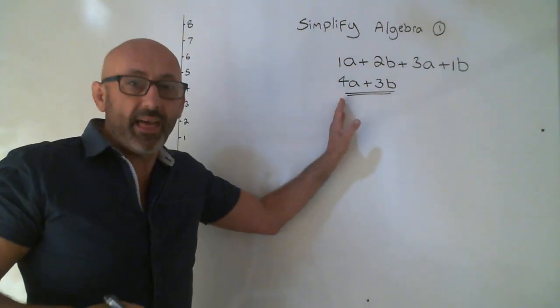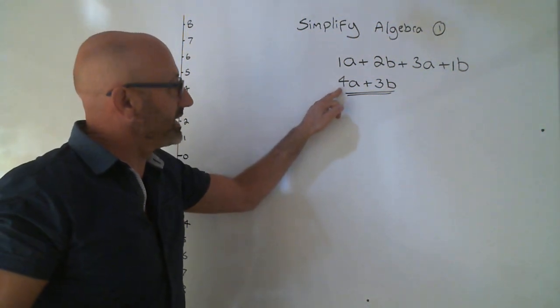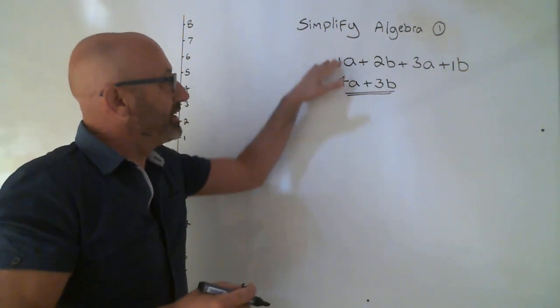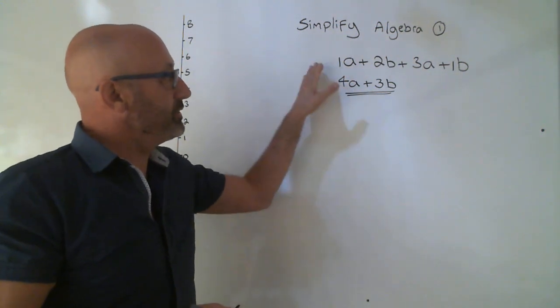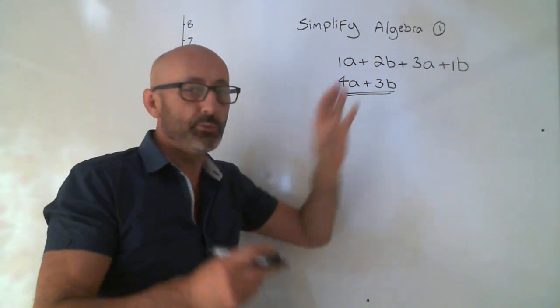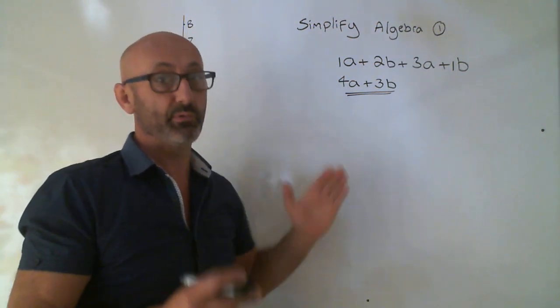Look at how I've set that out there. I've written the question, and then underneath I've written the answer. I have not written an equal sign. The problem is, if you write an equal sign after the question, you turn it into an equation, which this isn't. This is an expression.